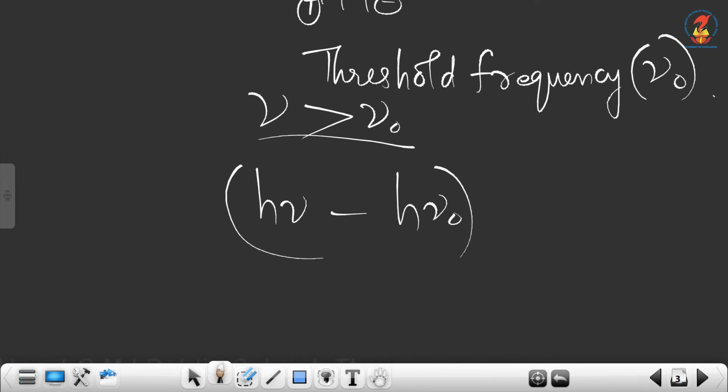We can write this as half m_e v squared equals h nu minus h nu naught, where m_e is the mass of the electron and v is the velocity.